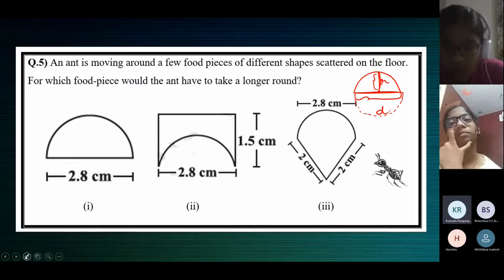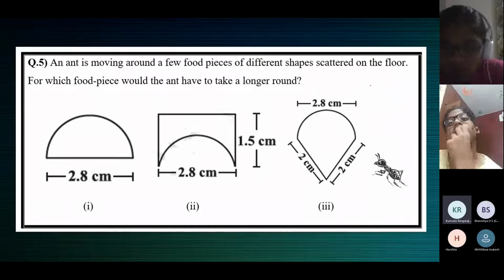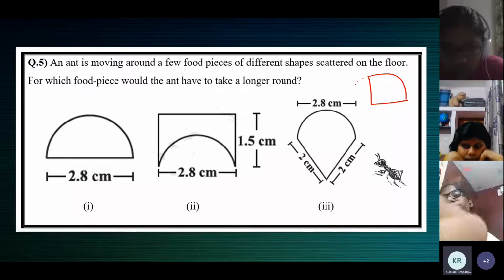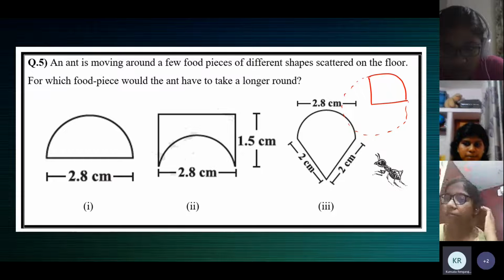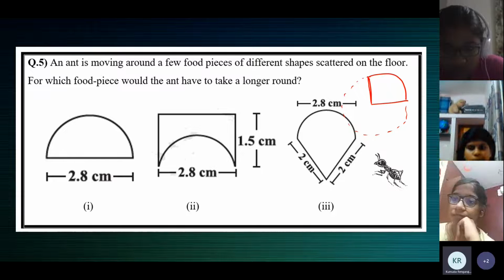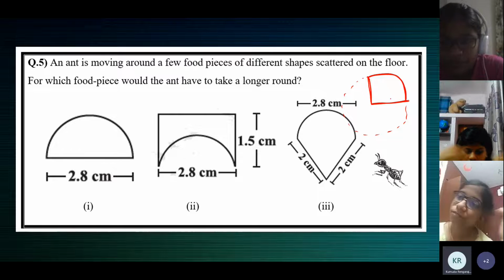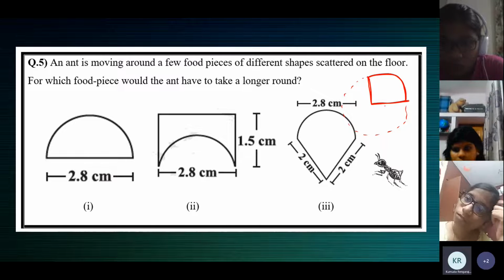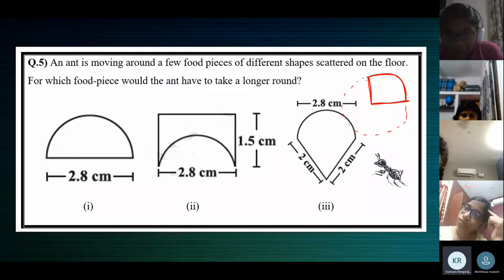Now, when we take a quadrant, see this is a quadrant. That is, a quarter of a circle is a quadrant. 1/4 of a circle. And what you see in the quadrant, you can see the radius, and an arc.